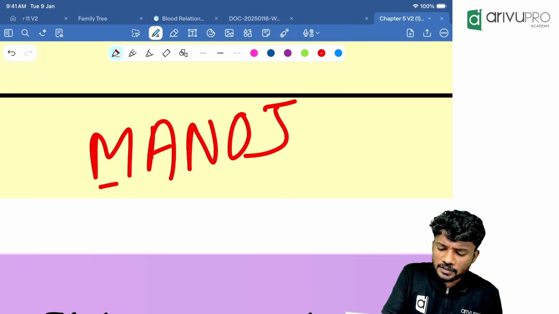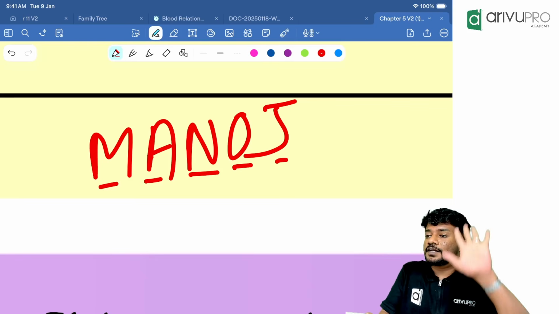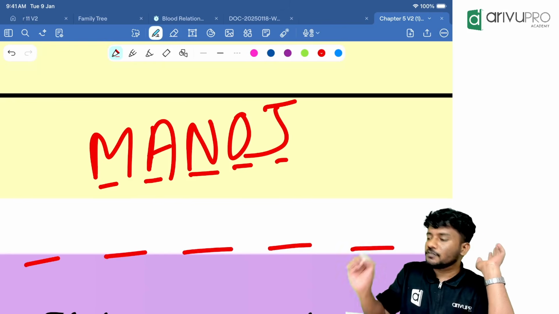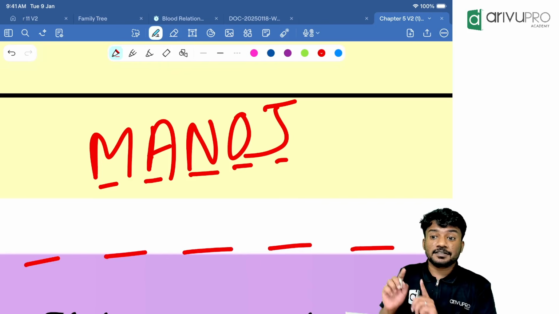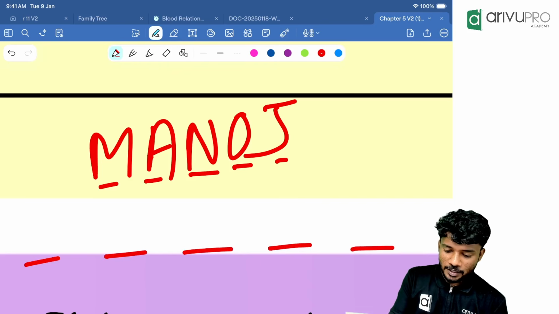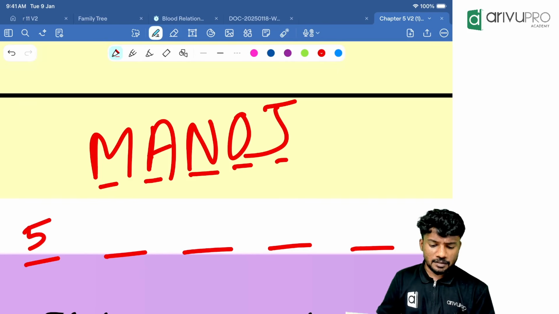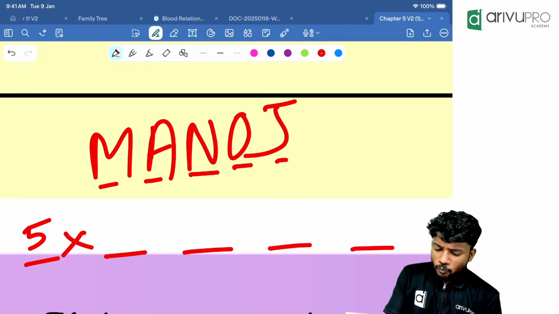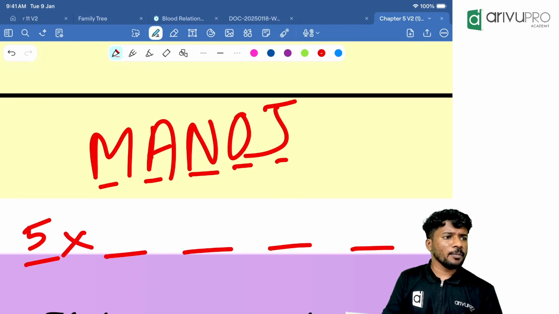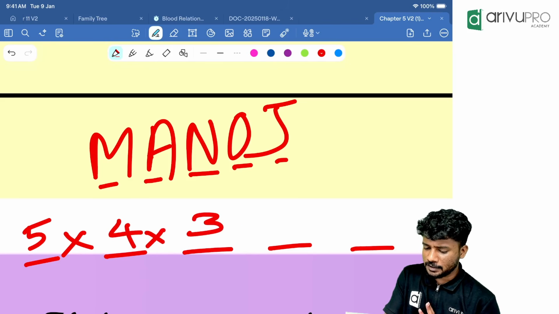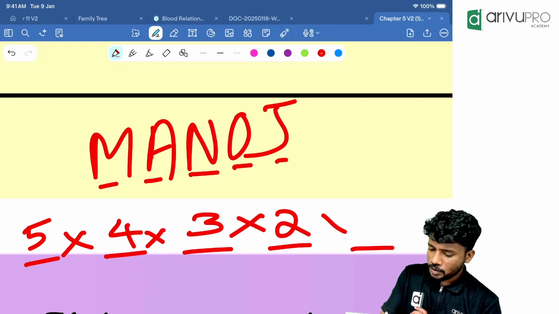In total, how many letters are there? 5 letters are there. So that means 5 places are there for each letter of Manoj to sit. Now, any of the 5 can sit in the first place, right? Into, one already sat, then how many are remaining? 4. 2 already sat, how many are remaining? 3, 2, 1.